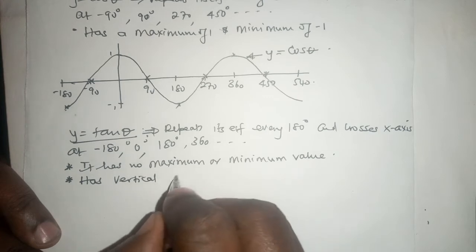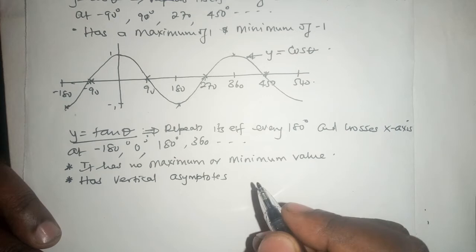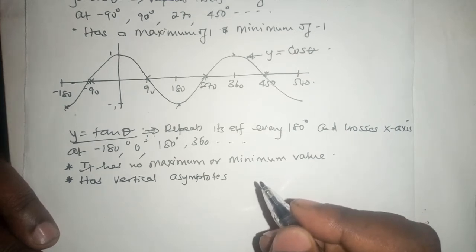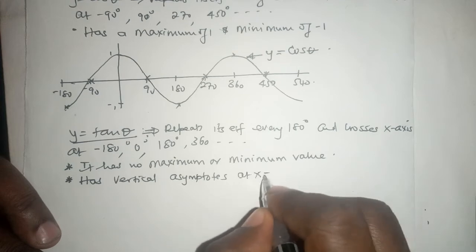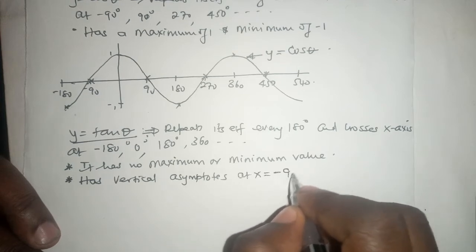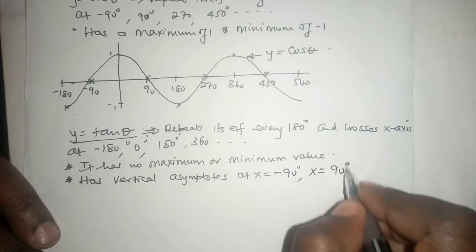It has vertical asymptotes. I know you know what asymptotes are. They are at x equals negative 90 degrees, x equals 90 degrees.